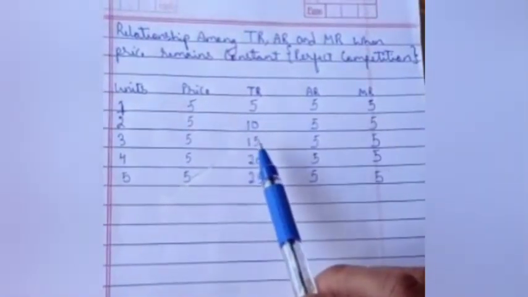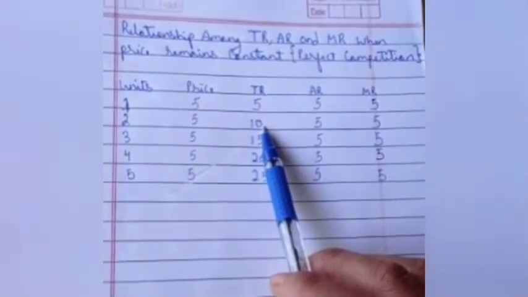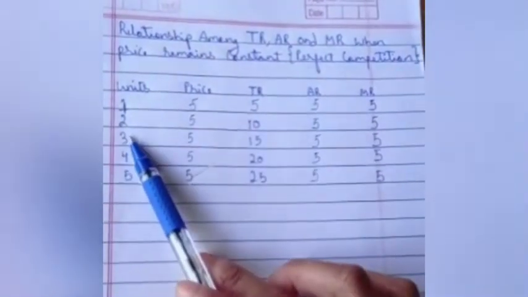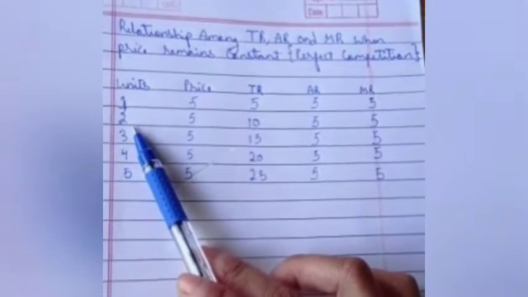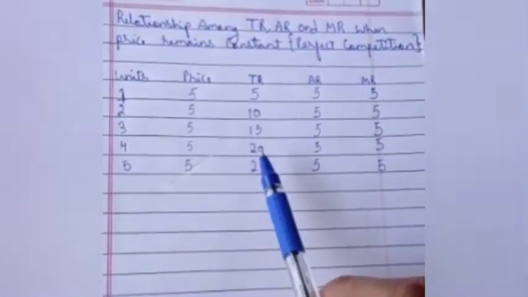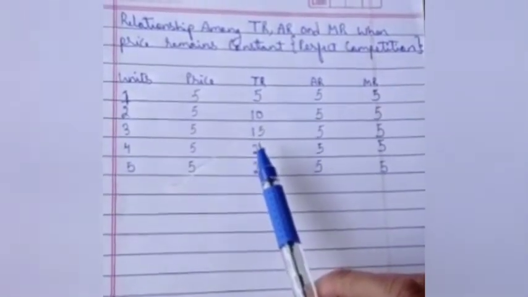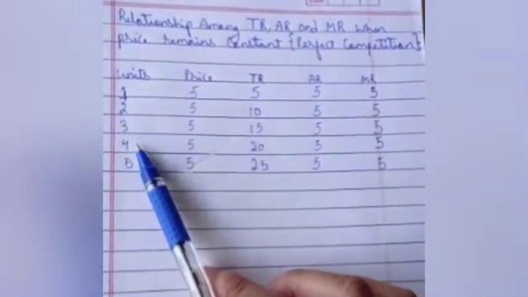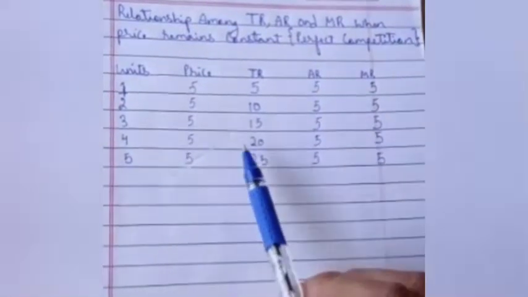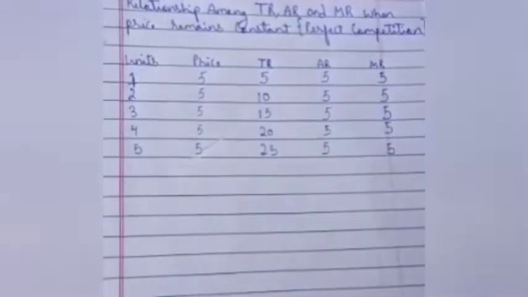Third one: 15 minus 10 is 5, and 3 minus 2 is 1, again 5 by 1. Fourth one: 20 minus 15 is 5, and 4 minus 3 is 1, so again it is 5, and so on.